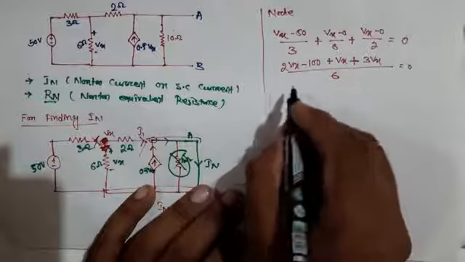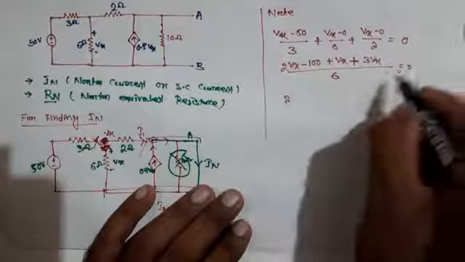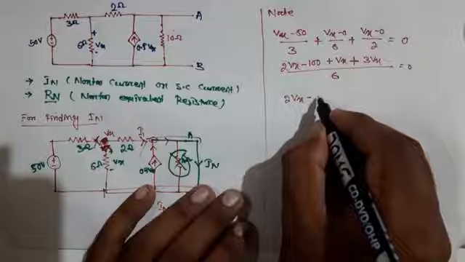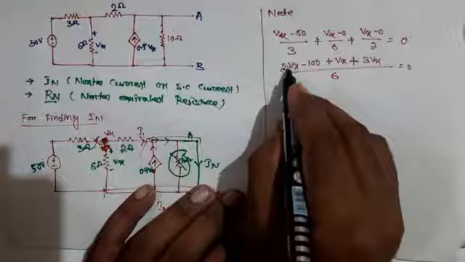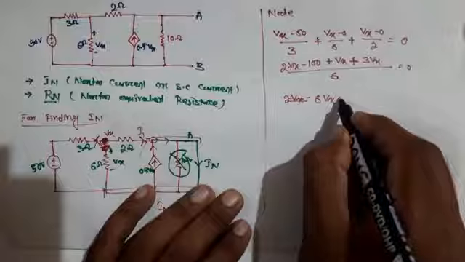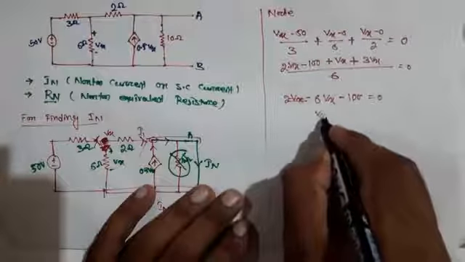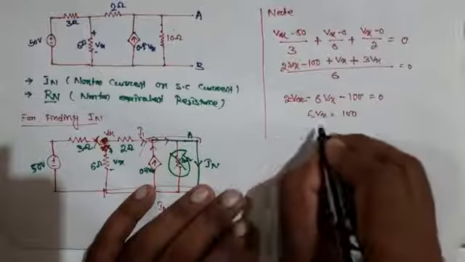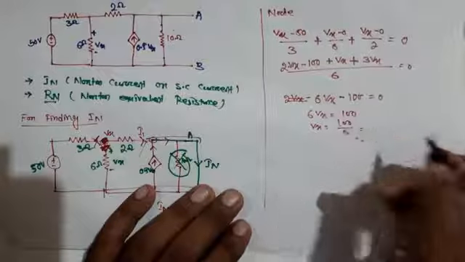Collecting terms, 6Vx minus 100 is equal to 0, so 6Vx equals 100, and Vx is equal to 100 by 6.